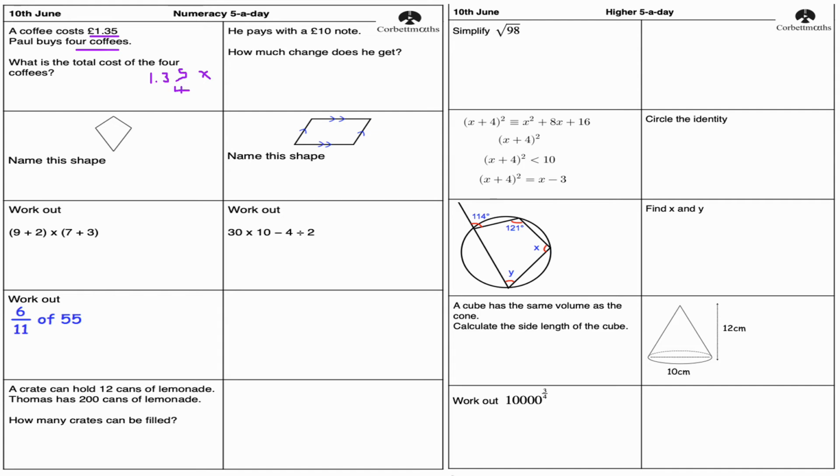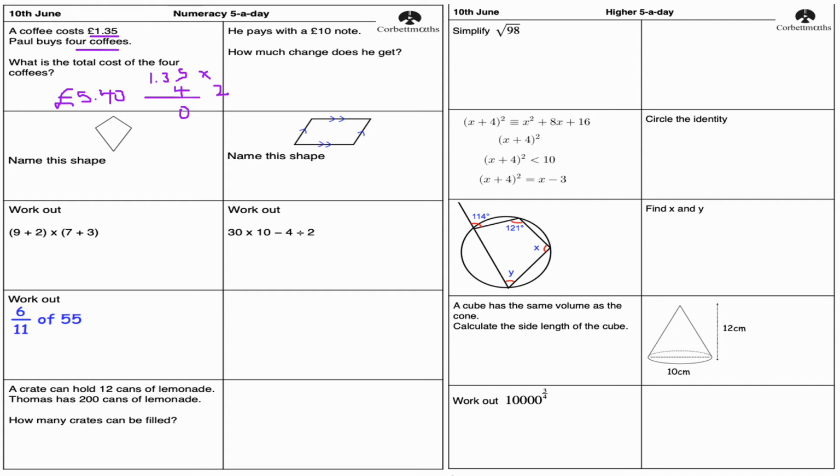Now you may recognise that double of £1.35 is £2.70, and if I double that again, I get £5.40, because timesing by 4 is the same as doubling it and then doubling it again. Using the column method, 4 times 5 is 20.